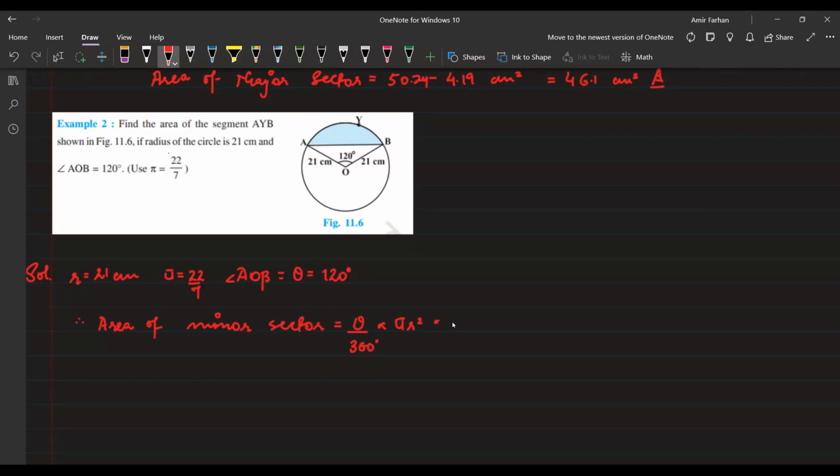That is theta is basically 120 degree divided by 360 into 22 by 7 into 21 into 21.